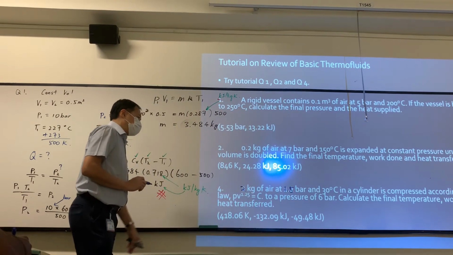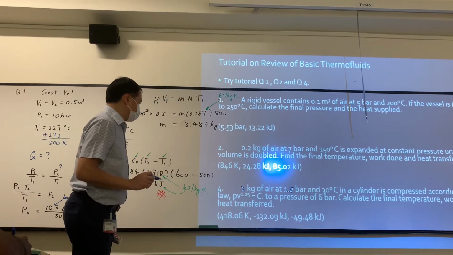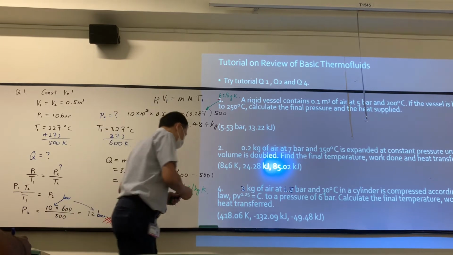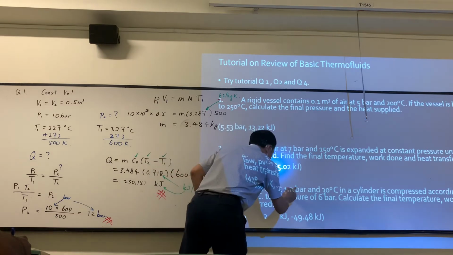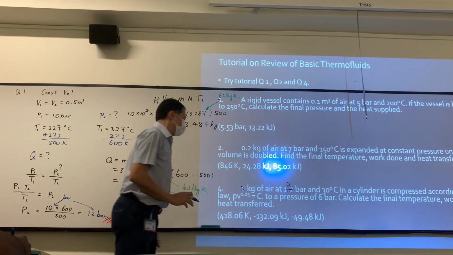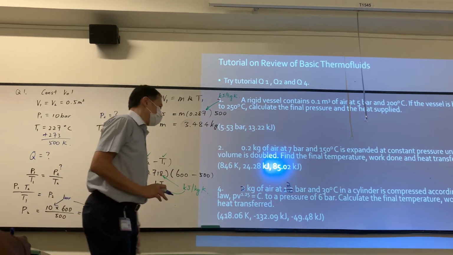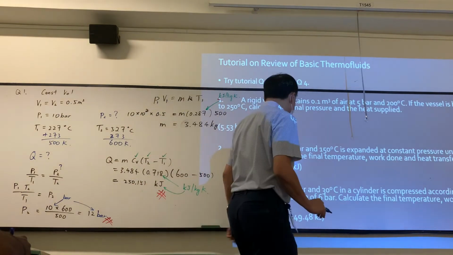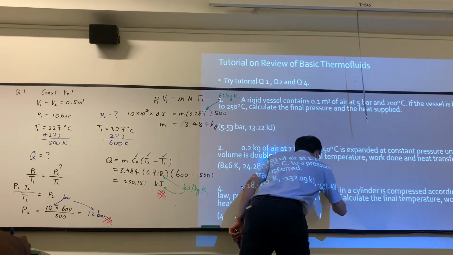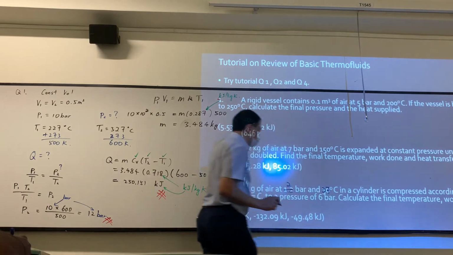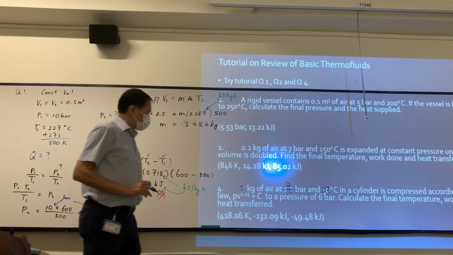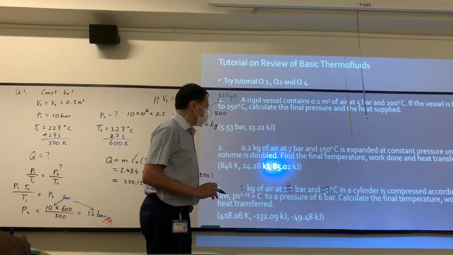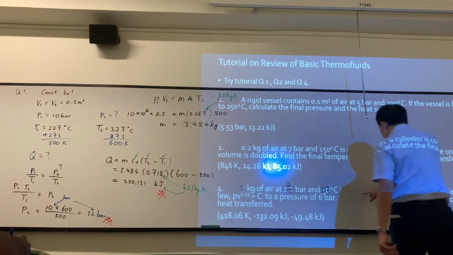I don't quite like the decimal point. Okay, change to 2 bar. 2 kilogram of air at 2 bar at a temperature of 30 degrees. Instead of 30, I change to 37 degrees C.